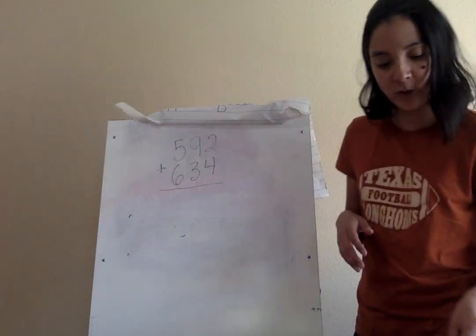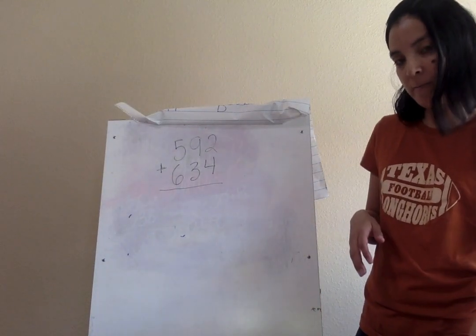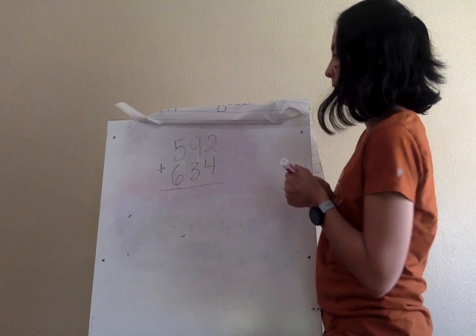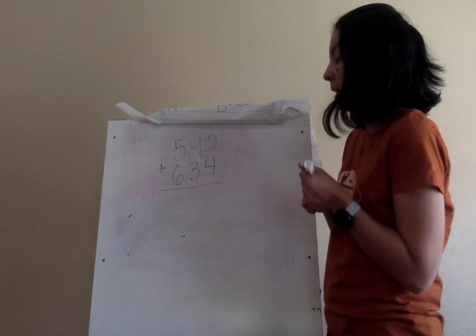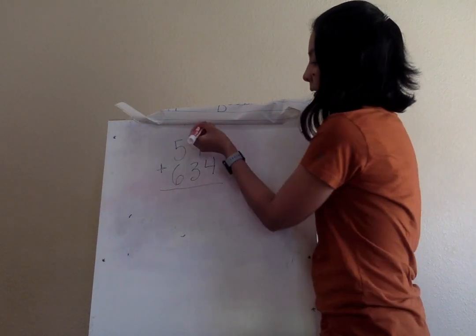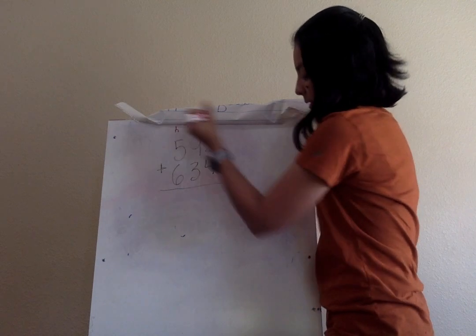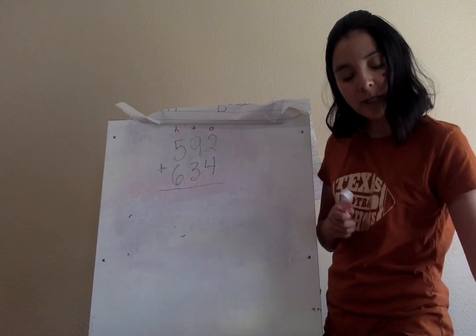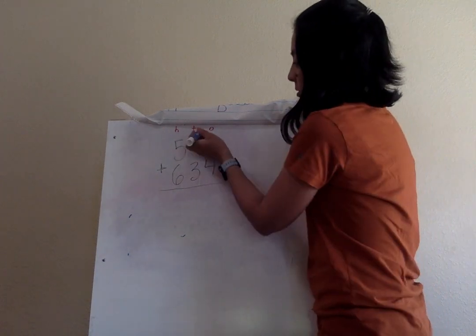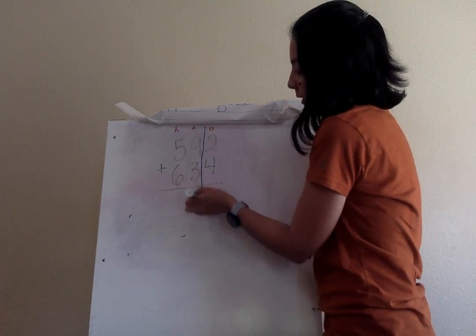Okay, I'm going to really quick follow some of my steps and strategies to make this easy for me when I'm solving just a plain algorithm. I'm going to find my ones, my tenths, and my hundredths. And I'm also going to divide them to make sure that my numbers are in line.